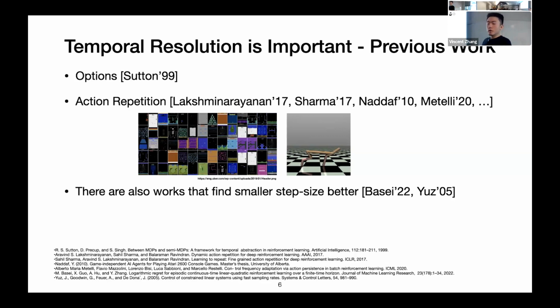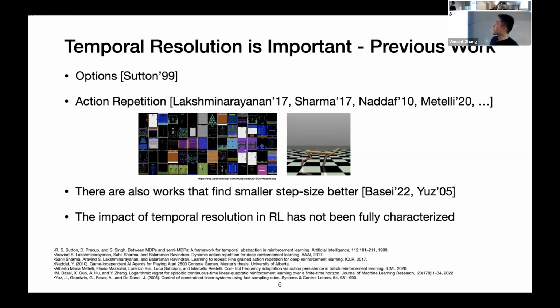But there's also a different perspective. Some works find that a smaller step size is better. That's kind of contradicting what we had from action repetition, but they're all relative anyway. We can understand that as different schemes of things, and it could be dependent on the application.